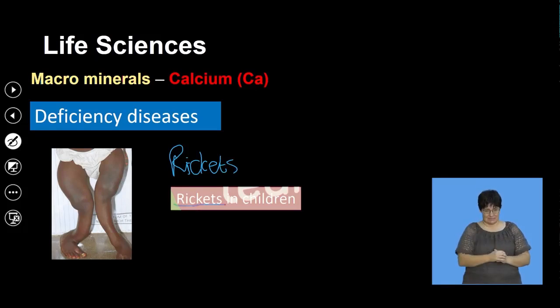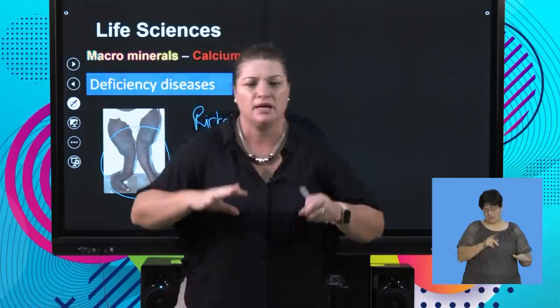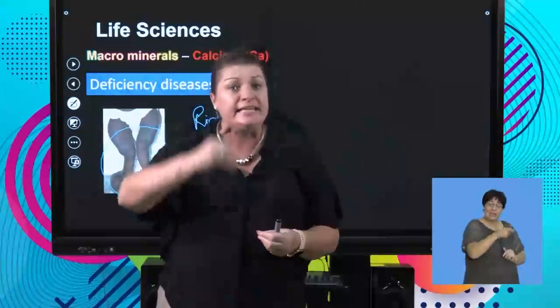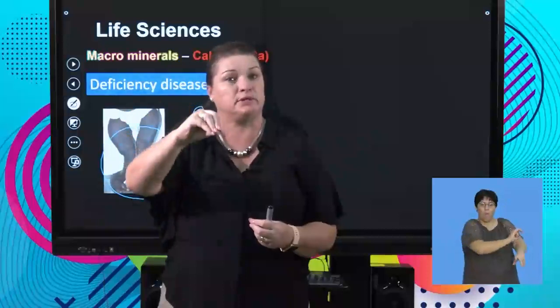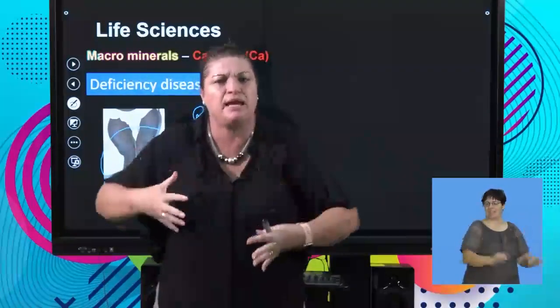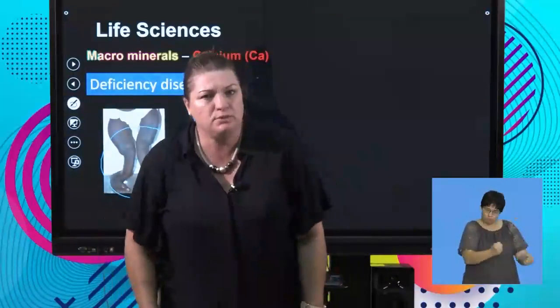Now, I want you to have a look at this little chap's legs. When I say children, it's very important that we differentiate. A child is growing. A child needs these things to build. Now, imagine you don't get enough calcium that's making your bones strong. Bones need to be strong.